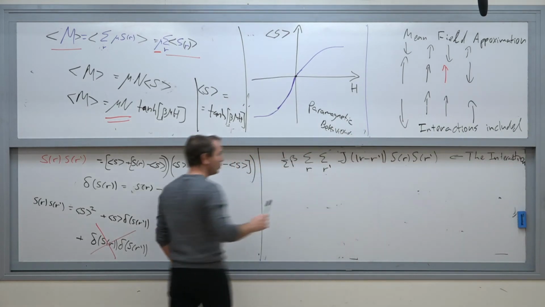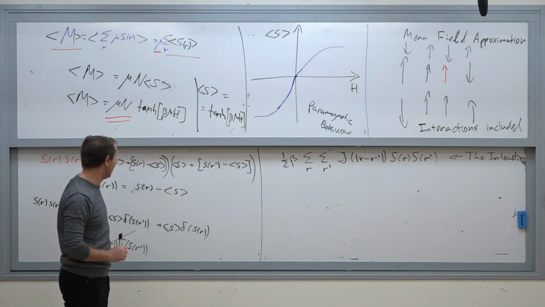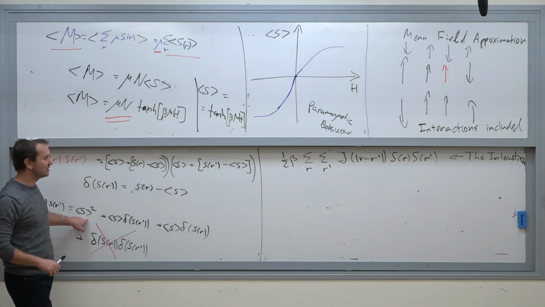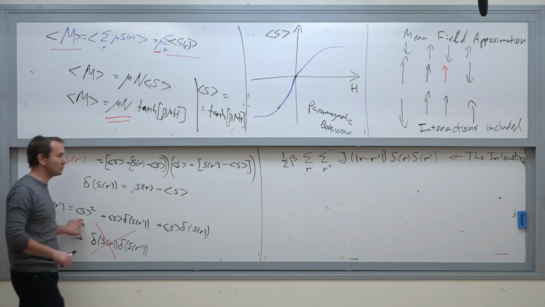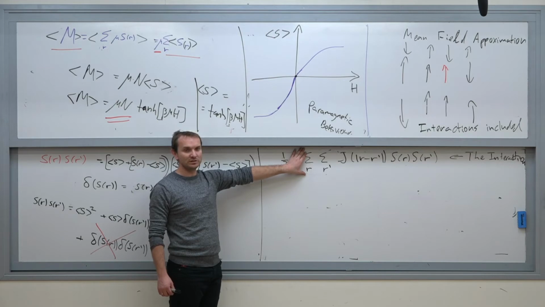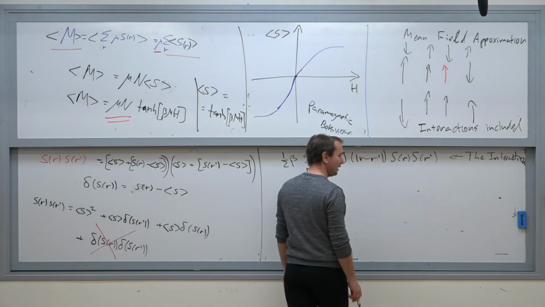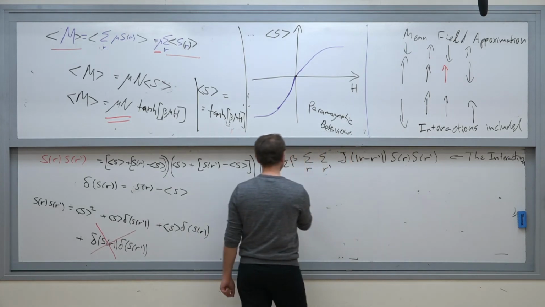We need to do something about this term, and what I'm going to do is use this representation of sr prime in order to make everything much simpler. Instead of having two sums, I will have only one single sum. So what is it equal to?